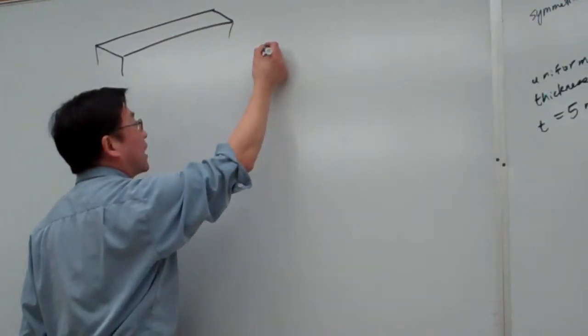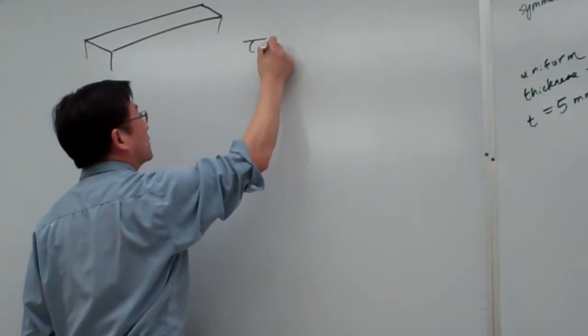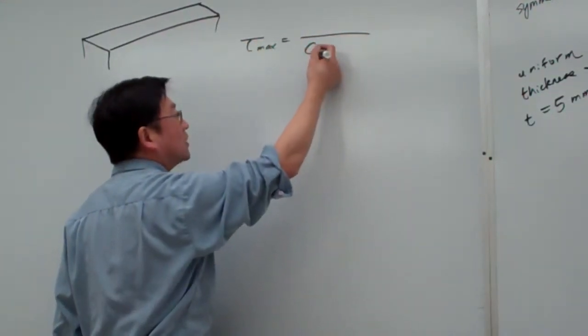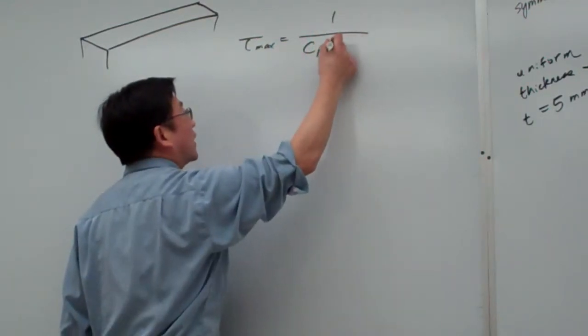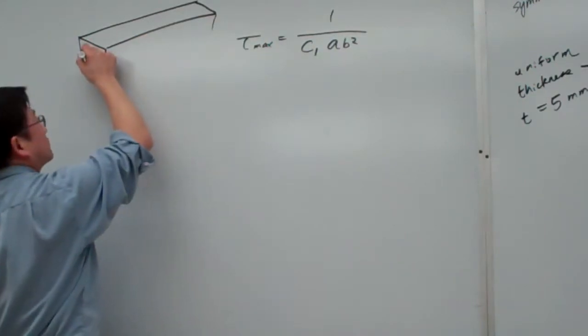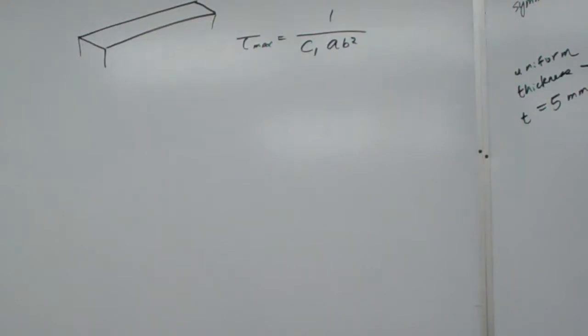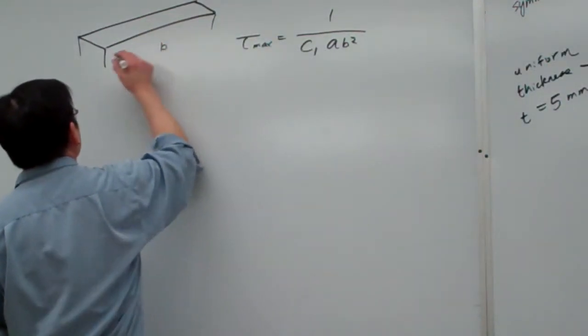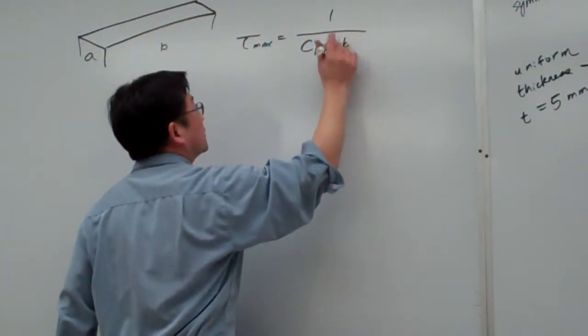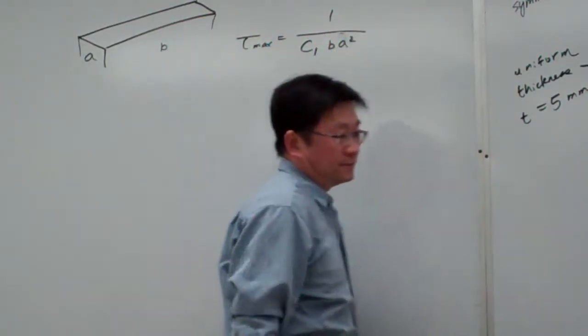In that case, we calculated at the very first step the tau maximum equal to C1 or C2, and AB squared. I think, let me dig up... A is a short one, B is a long one, so that should be A squared, right?